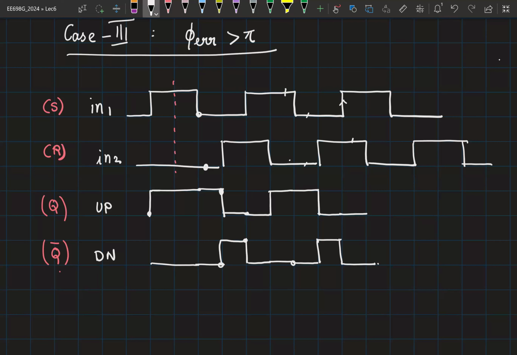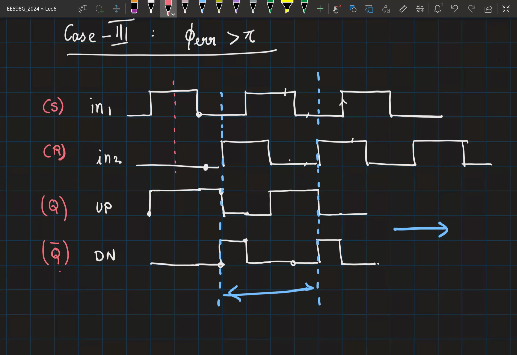Okay. So if I look at this, I see that this forms one period. Right? If you're not very sure about this, you can draw for more cycles and you'll see that this is the period that is getting repeated.